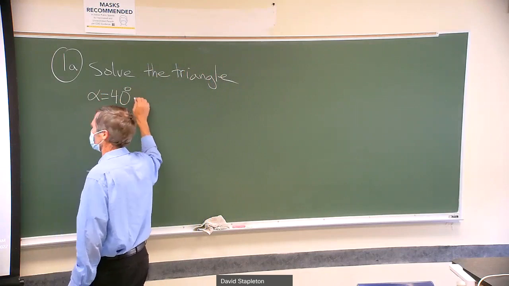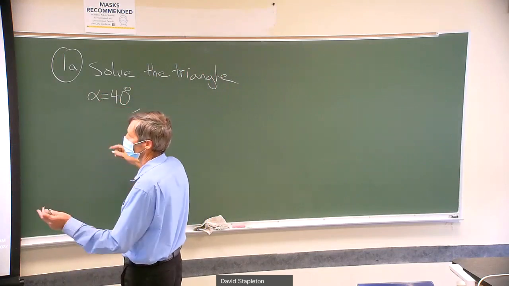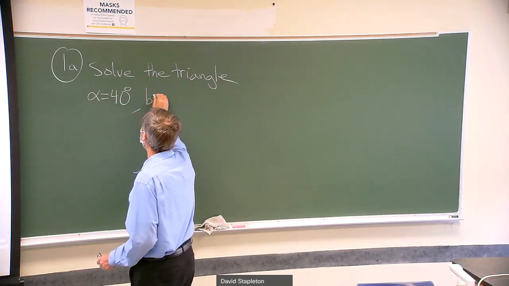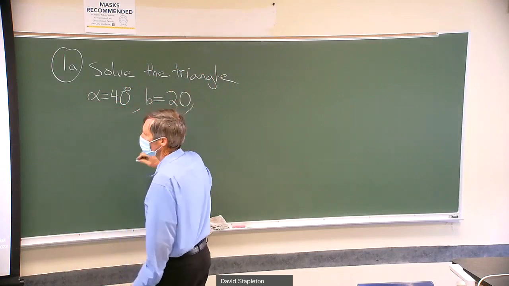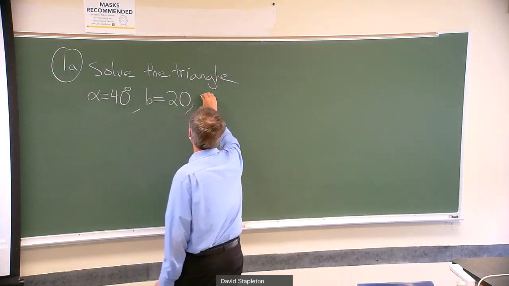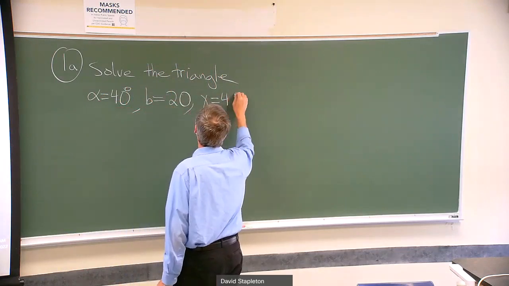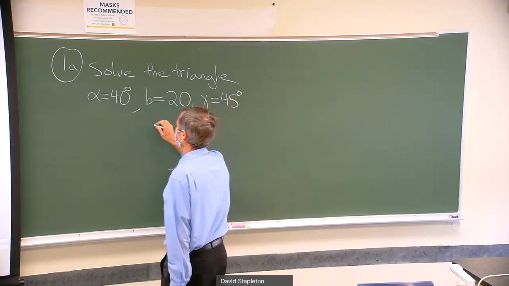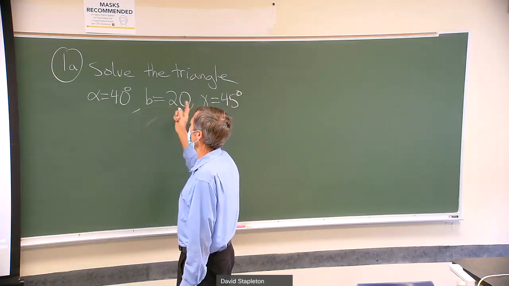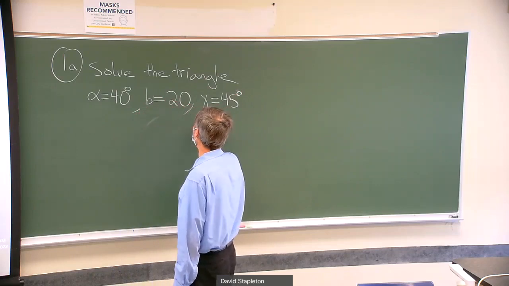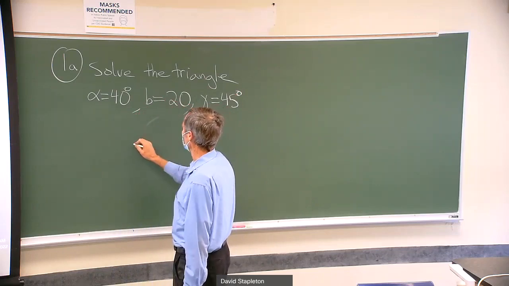We get a problem just like this. It might be different sides and angles, right? B equals 20 and gamma equals 45 degrees. And the idea is in every oblique triangle that I give you, A goes opposite alpha, B opposite beta, and C opposite gamma. So let's see if I can draw this.